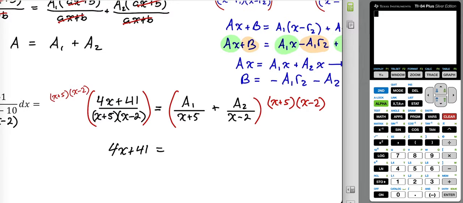On the right-hand side, the x plus 5 will cancel with the x plus 5, leaving me with just an x minus 2 multiplied by a1. So a1 times x minus 2.